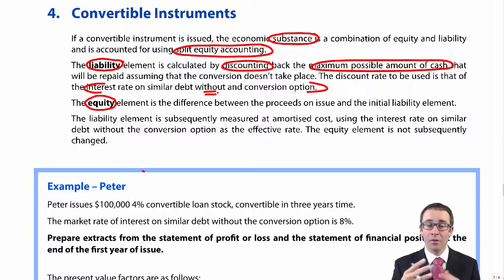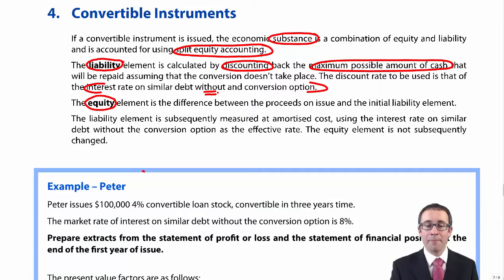Okay. The words used in the standard and in the exam is that is the interest rate on similar debt without the conversion option. Okay, so there's going to be a little bit of discounting involved. Nothing huge, nothing to catch you out, but you still need to be able to do the discounting.